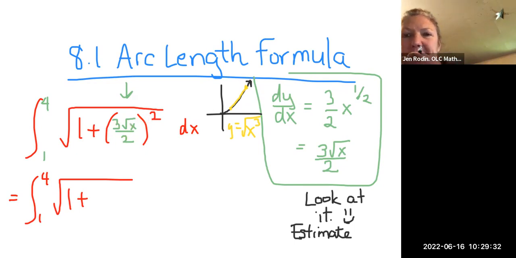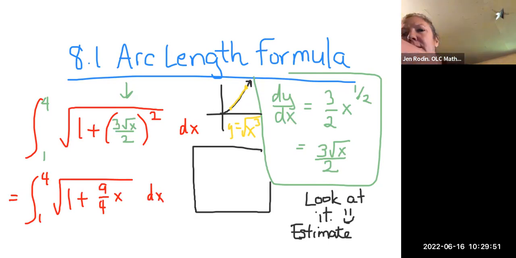So I'm still not plugging in any values, but just putting 9/4 x dx. And now we integrate using our u-substitution. That's the next important piece: we're going to let u be what is inside of the radical sign.